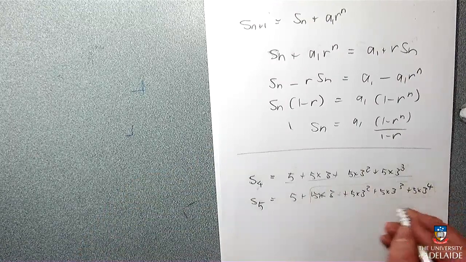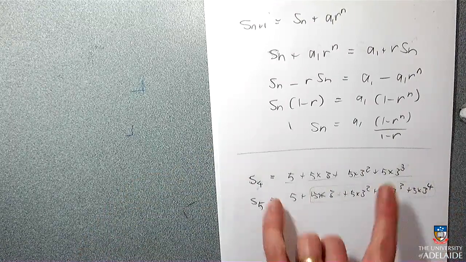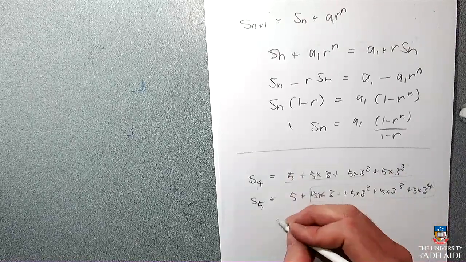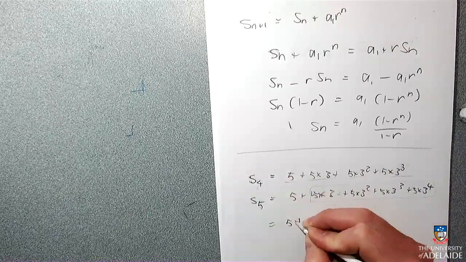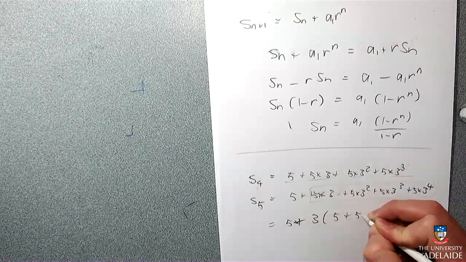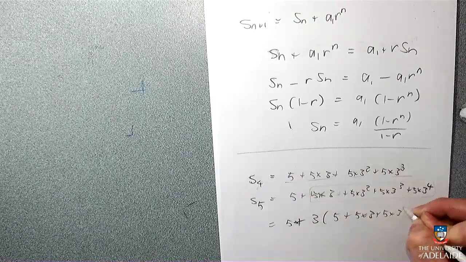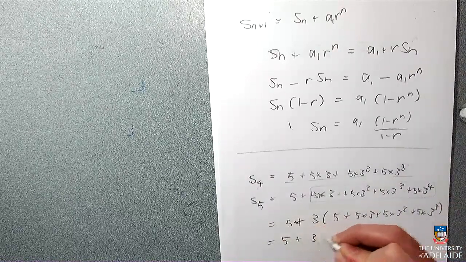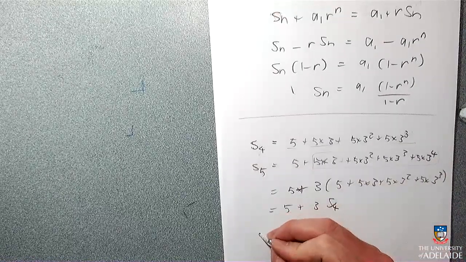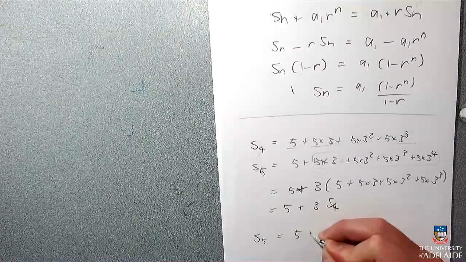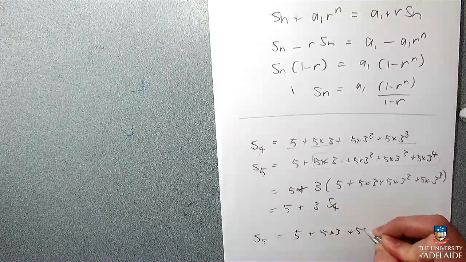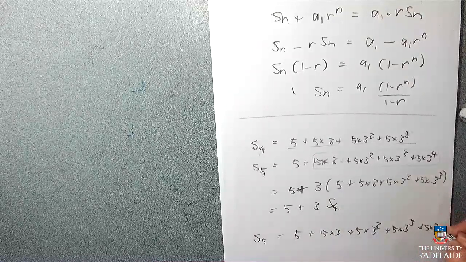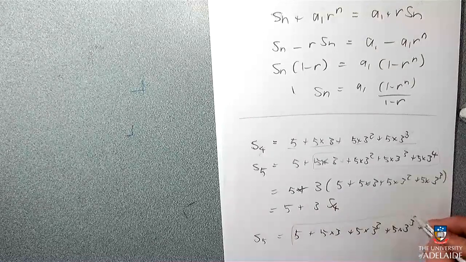That is 3 lots of S4, because everything in S4 has been multiplied by 3. But on the other hand, S5, that bit is S4 as well.